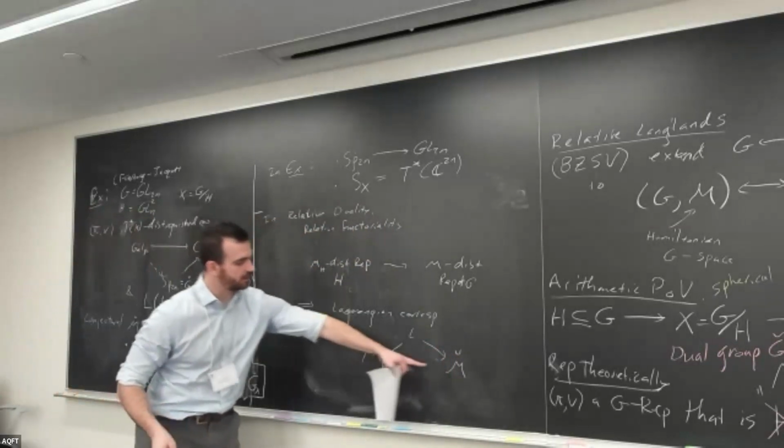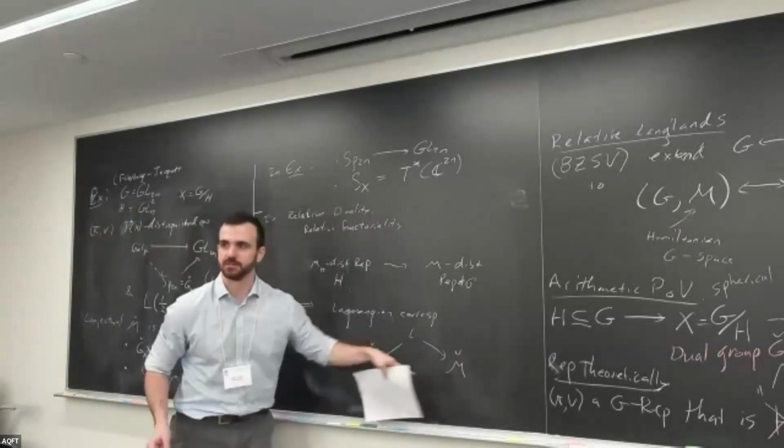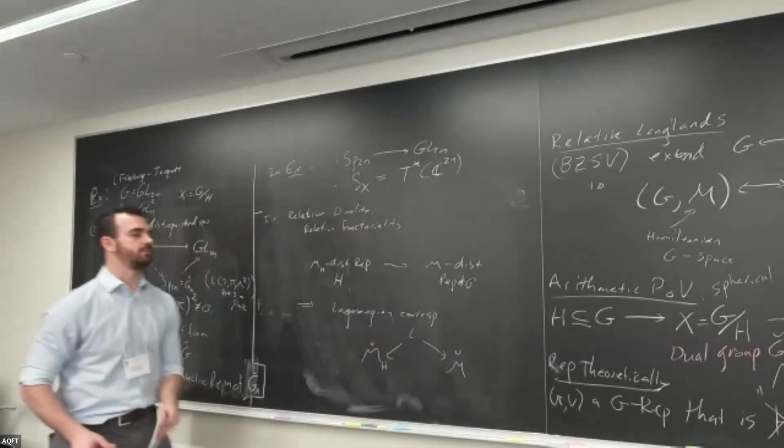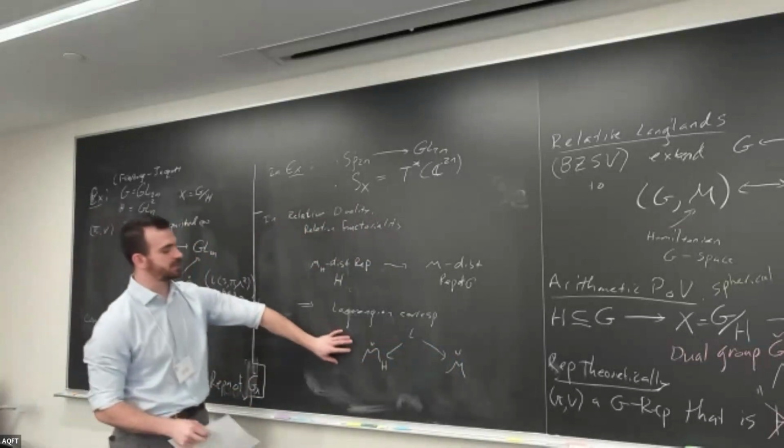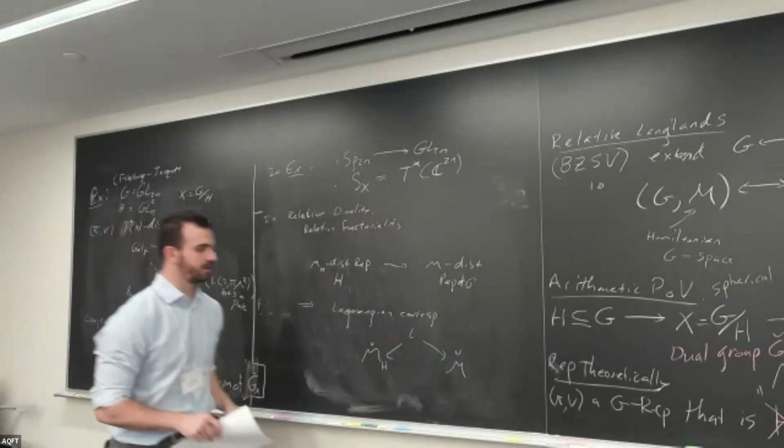So in particular, at the end of the talk, I'll explicitly state there exists some Lagrangian in some context, and the point is that this is the manifestation in this framework of relative functoriality.